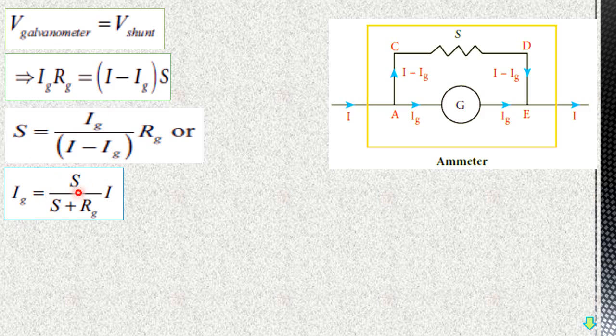That means Ig is equal to S divided by (S plus Rg) into I. We multiply the terms, S I minus S Ig, and take it as common. So we get Ig is equal to S by (S plus Rg) into I.